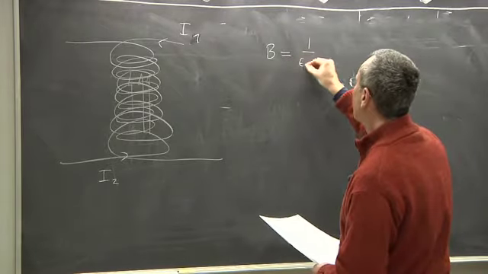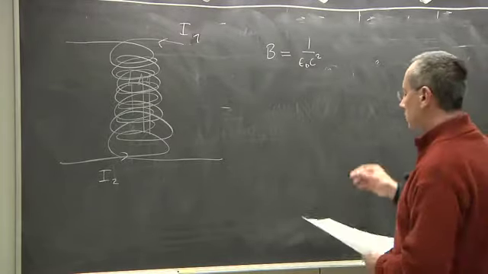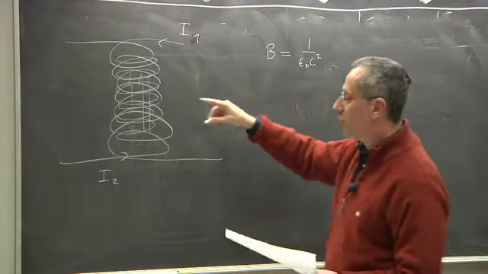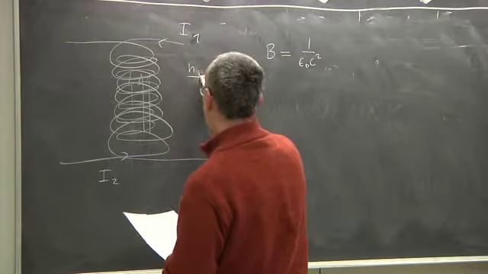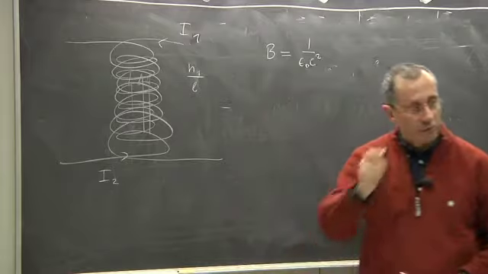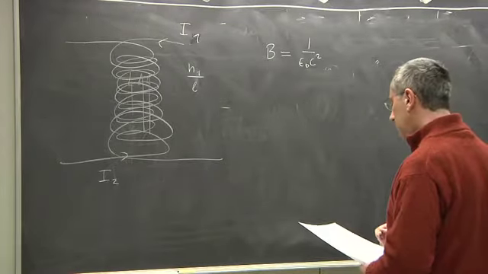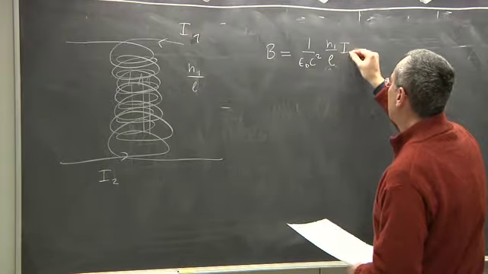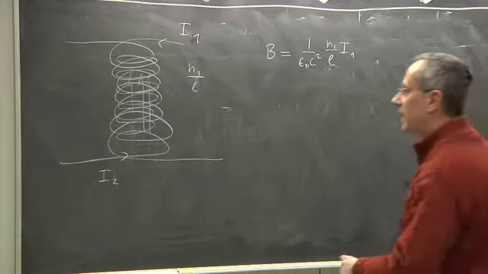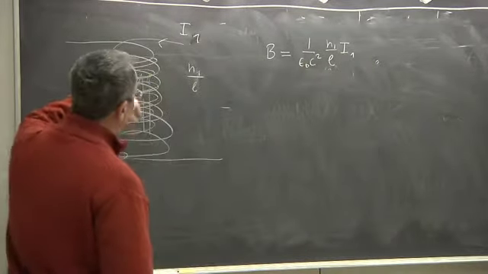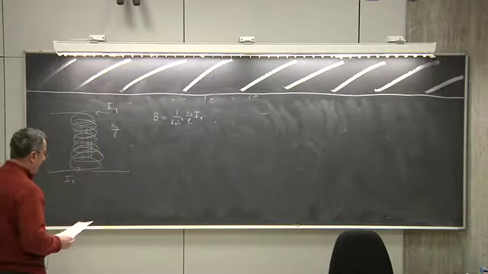You remember it was 1 over epsilon naught c square, that is just this mu, if you want to call it mu naught, and then it was proportional to the number of turns per unit length of this coil, N1 over L, where the length is L. So the number of times you wind up this coil is N1 over L. This is the second example I discussed in magnetostatics: if I have a steady current going around the coil, it generates inside a B field that has this intensity. So that's the solenoid.